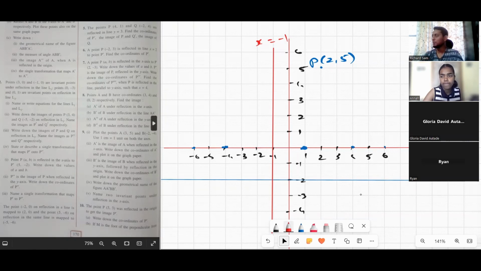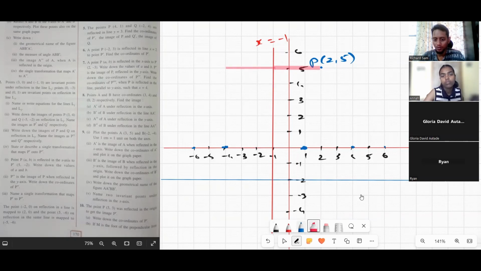Yeah, it's -4, 5. See, I'll show you. Leah said it first, then Gloria said, okay, correct. So here, this is your mirror. From the mirror, how many units ahead is the point P? 3 units. So you have to draw it 3 units backwards.